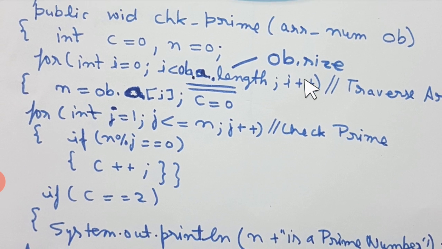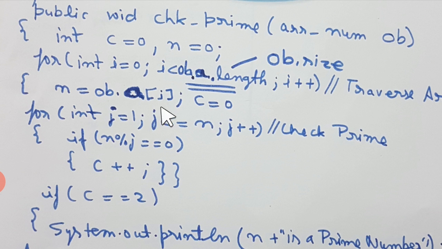After that, we copy the array element into n the way we had done in the previous program, but this time it's not ar, this is the data member of the class, that is a, and right now it belongs to ob. So we have to specify it this way, ob.a[i], and c has been initialized with 0. Please put a semicolon here, it's important.